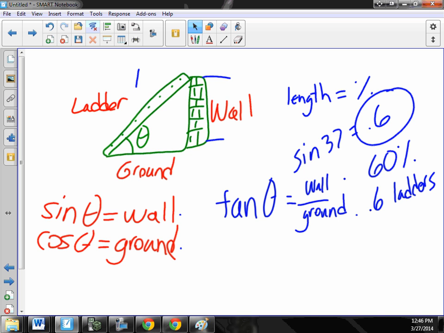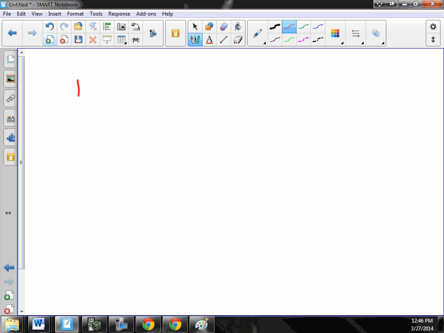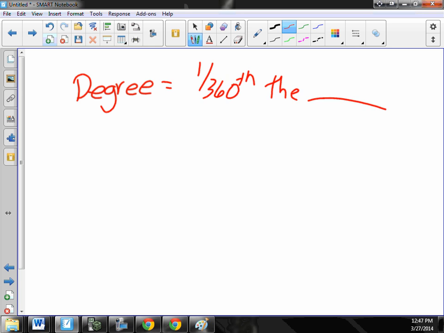So, define for me a degree. It's 1/360th, and we're missing a word. 1/360th the blank of a circle. What action does a degree do? Rotation.